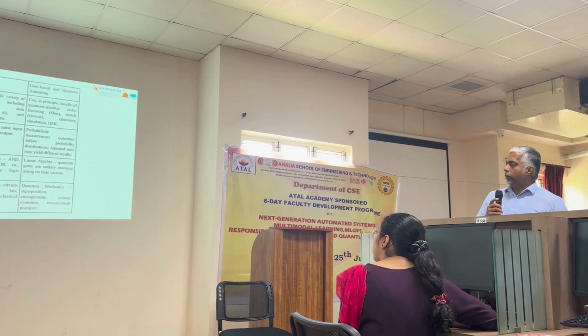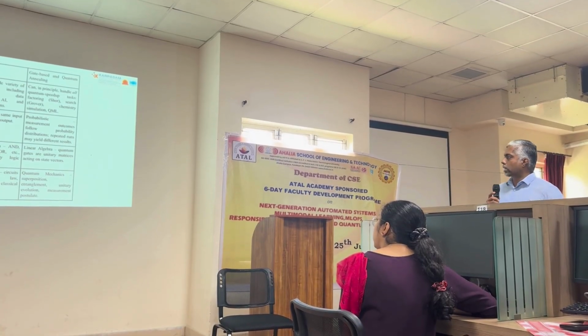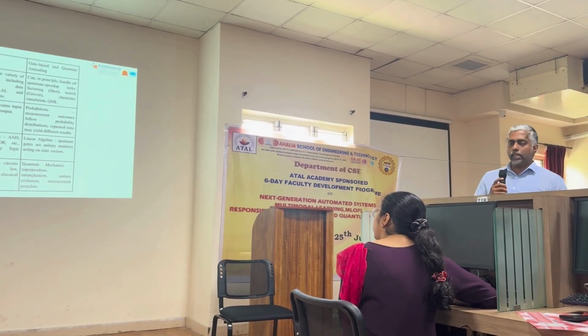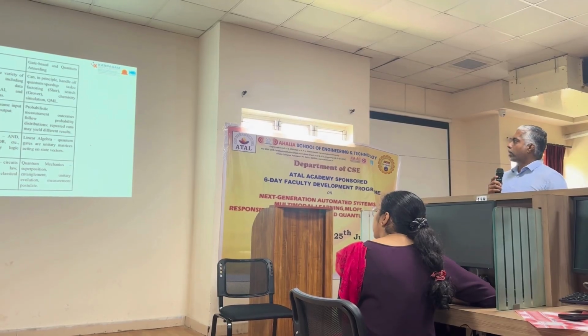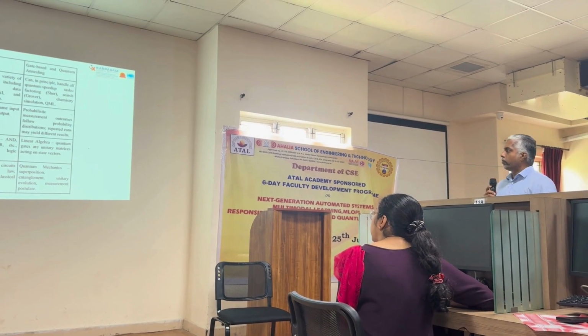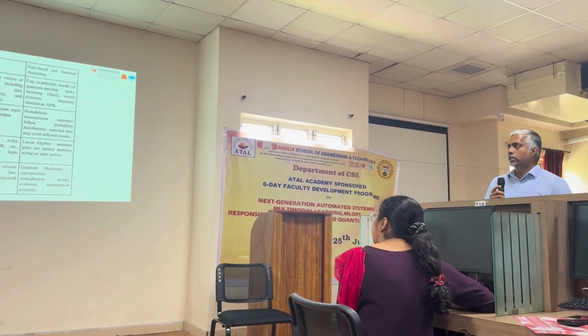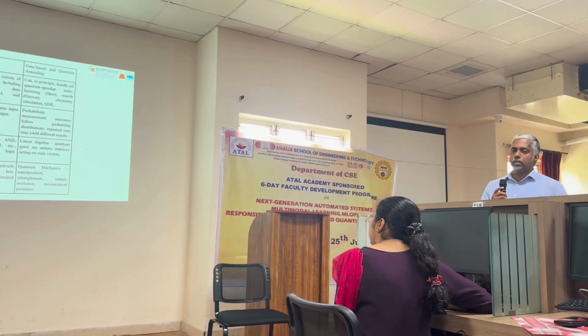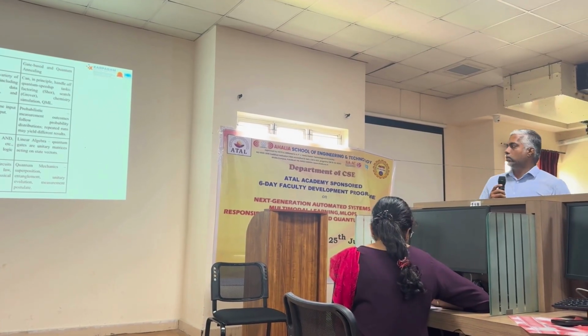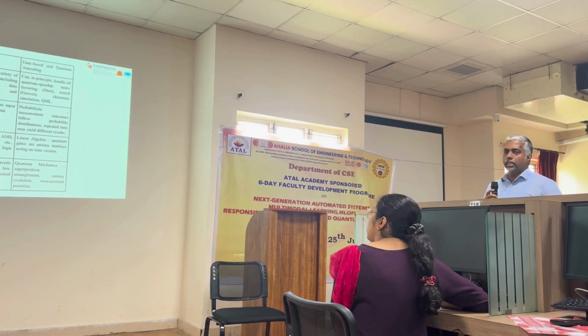We have several operations associated with classical computing, like Boolean algebra operations such as AND, OR, NOT, XOR. But in quantum computing, we perform linear algebra operations. That is, qubits are represented in terms of unitary matrices, which is completely different from digital logic.